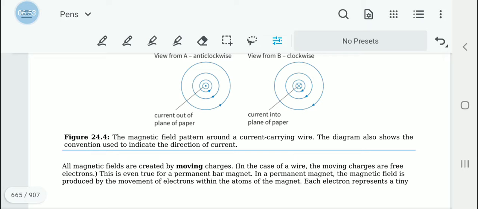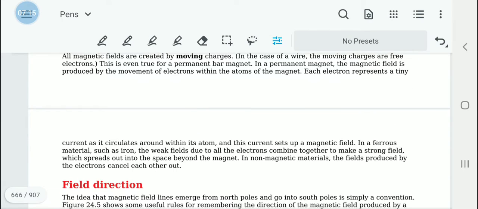The magnetic field produced is done by the movement of electrons within the atoms of the magnet. So the electrons in the magnet will move about, as a result giving out a magnetic field.